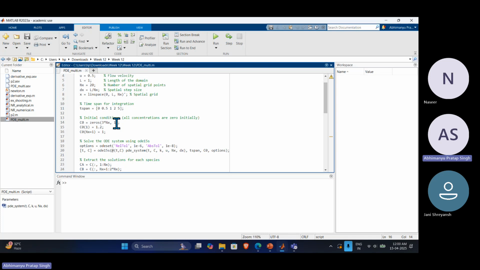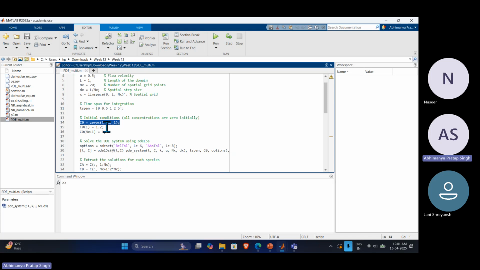So these are my initial conditions. Initially everything is 0. These two are my boundary conditions. So I have taken all my CA together, all my CB together, all my CC together. Since this is a 20-point discretization, my C0 vector is 60 by 1 in length, with the first 20 elements belonging to CA, the next 20 elements belonging to CB, and the last 20 elements belonging to CC.